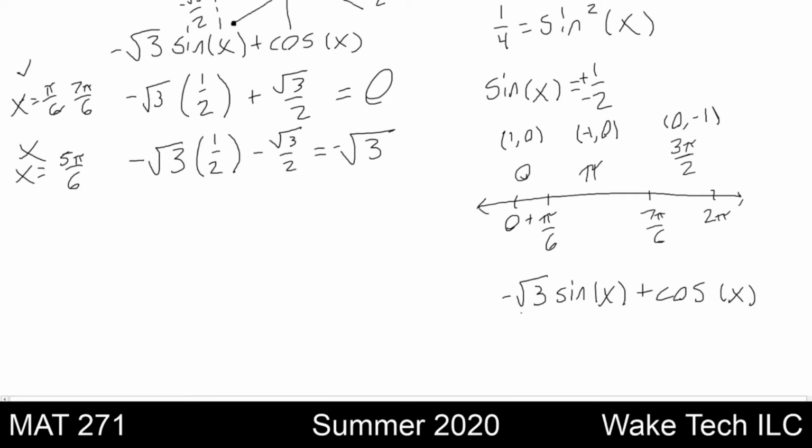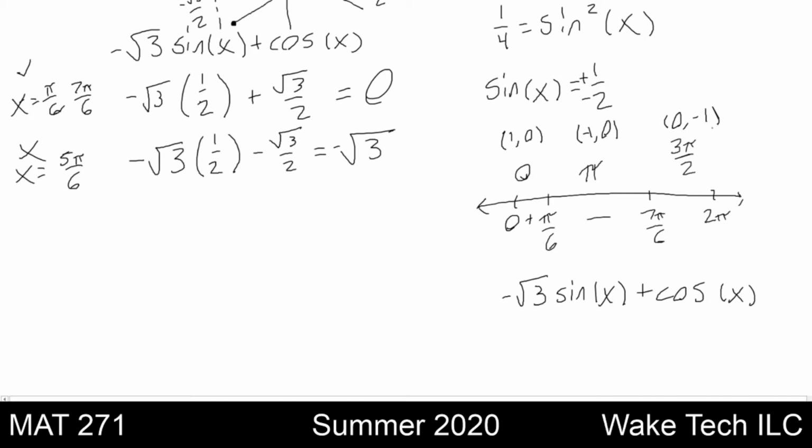So this is positive. From pi over 6 to 7 pi over 6, we're using pi as our test point, which has a cosine of negative 1 and a sine of 0, which means it's 0 plus negative 1. So negative 1, it's a negative there.